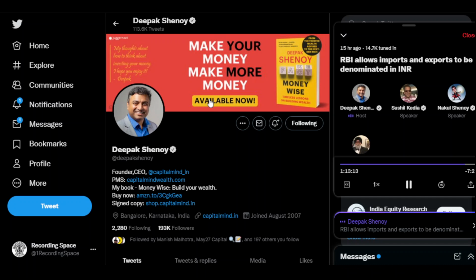So freeing the rupee, making it fully capital account convertible, to me, will make the rupee more interesting to be invested in. Therefore, it will likely bring more inflows than outflows. I'm just making a conjecture, we don't have any proof to say it. But I think, yes, it's time for us to be fully convertible.